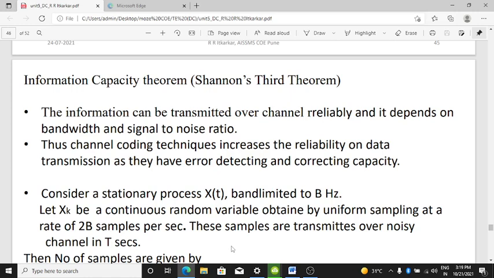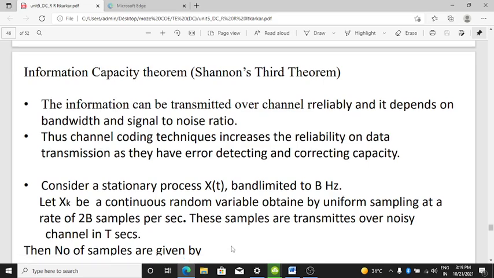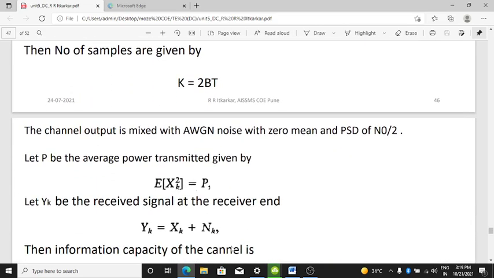These samples are transmitted over a noisy channel in T seconds. Then the number of samples is given by K equals 2BT. The channel output is mixed with AWGN noise with 0 mean and PSD of N0 by 2.